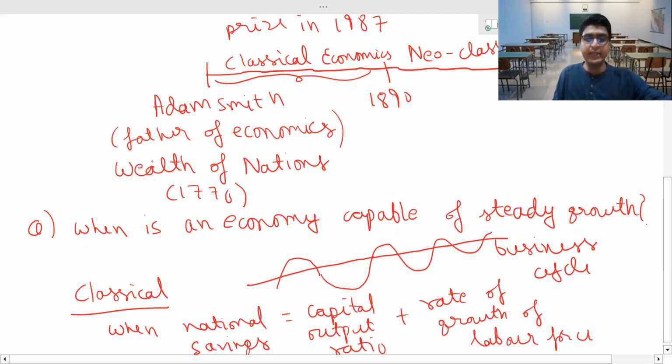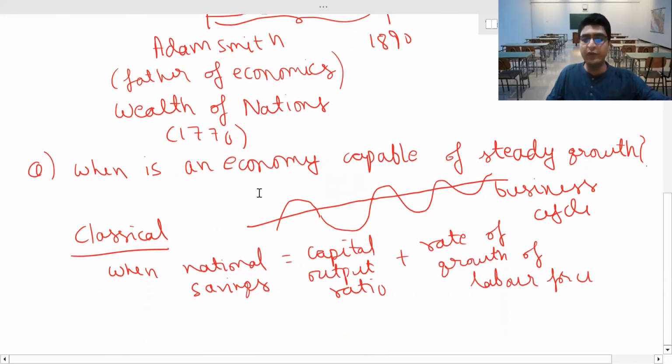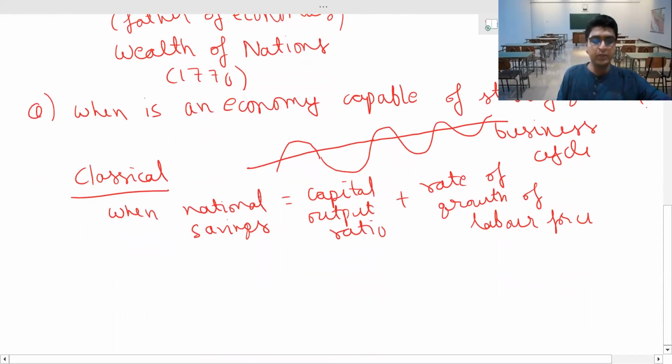So they said that when this holds, then the economy is capable of steady growth. So let's first understand what this equation actually means. So basically they are talking about two things.